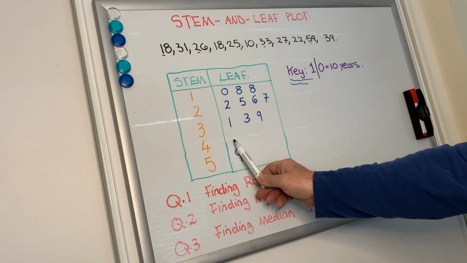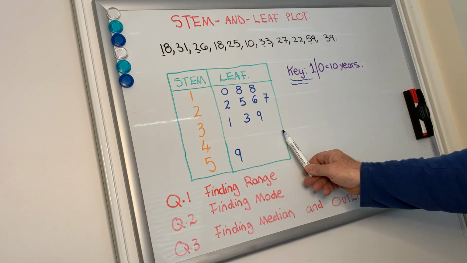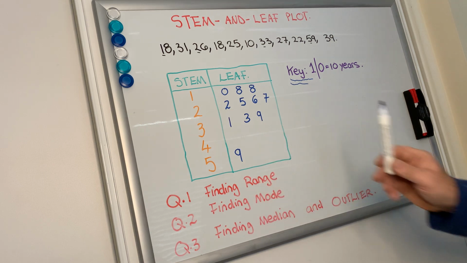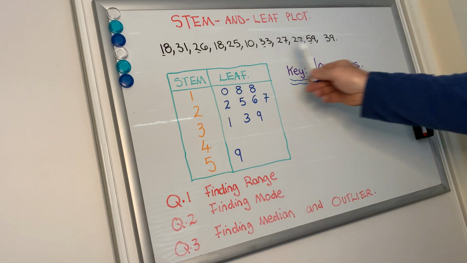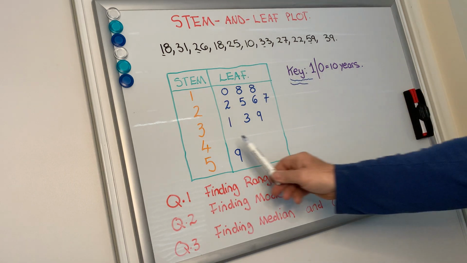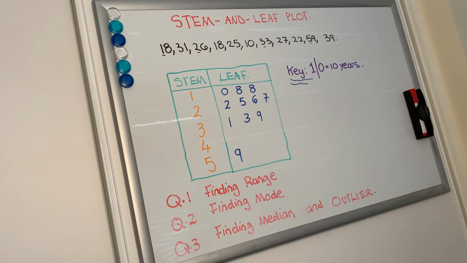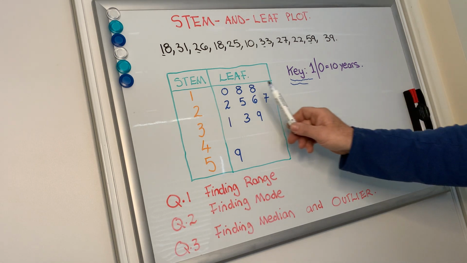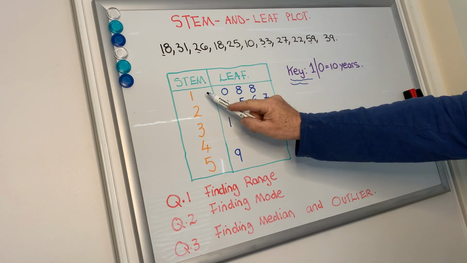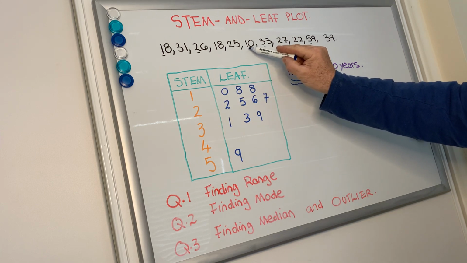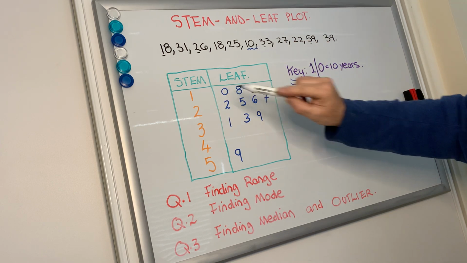But you'll notice in the group of 40s, there are no individual years nominated in this graphical data, so that would not represent anything there. The way we go through it is we go through each and every one. So we've got a 10, there's my 10.